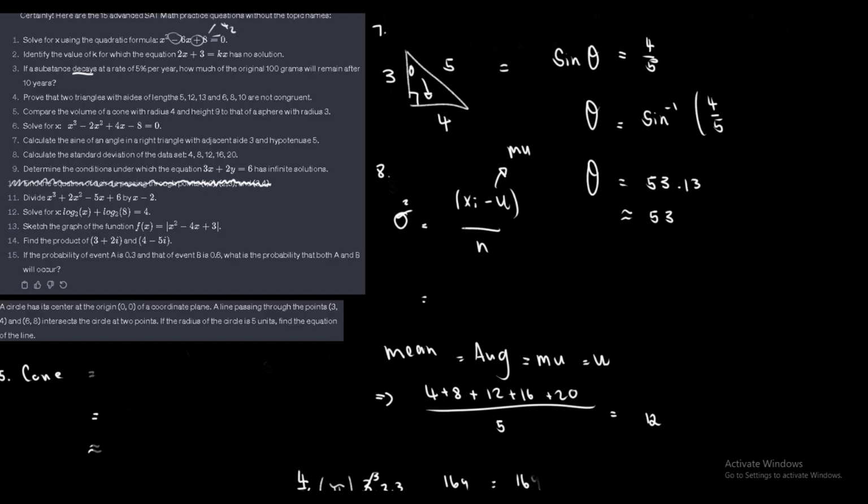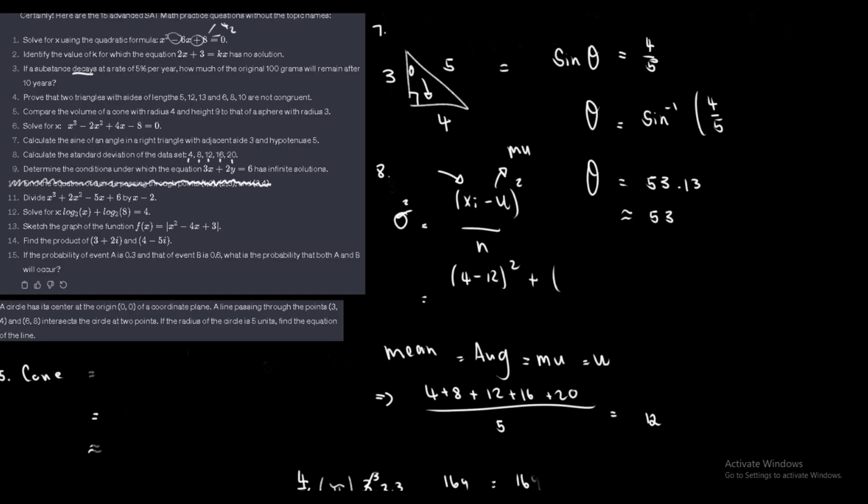Now to find the standard deviation, however, this xi, if you've watched any of my previous statistics videos, you'll know that this xi simply represents my set over here. So that's x1, x2, x3, x4, x5. Okay? So we're going to say 4 minus 12 squared. I forgot the square.